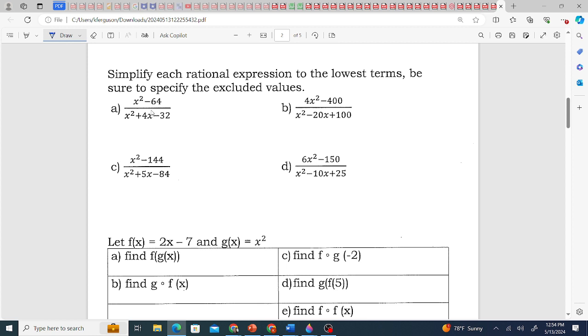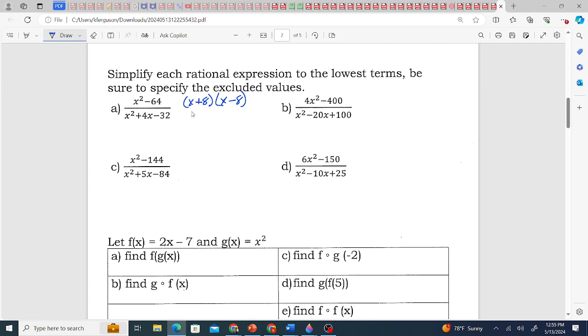Starts with a D. The difference of squares, because x squared is a perfect square and 64 is a perfect square. So it's x plus 8 times x minus 8. That's how I factor it without having to do any work. I just see that's a perfect square, that's a perfect square, and they're being subtracted. I know what I've got.